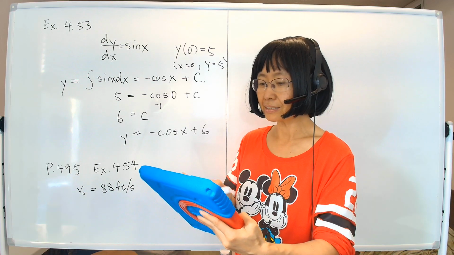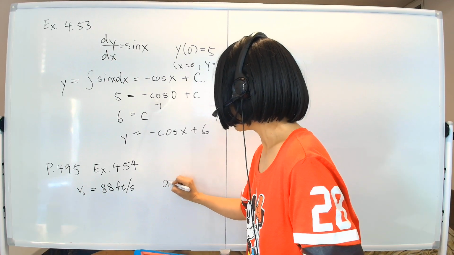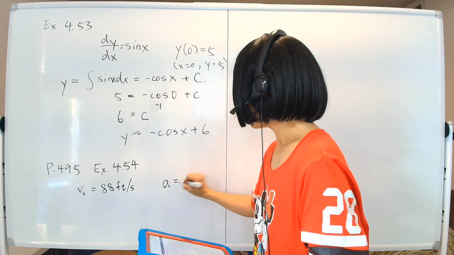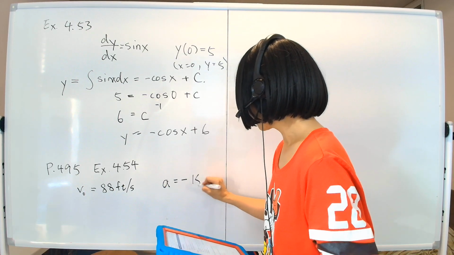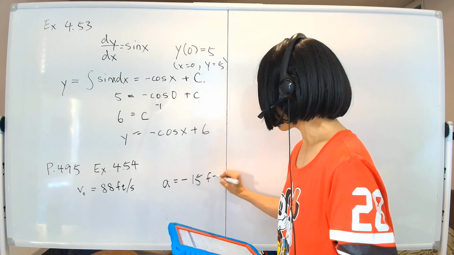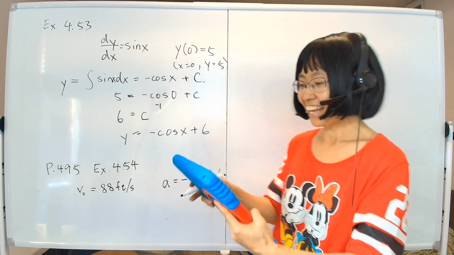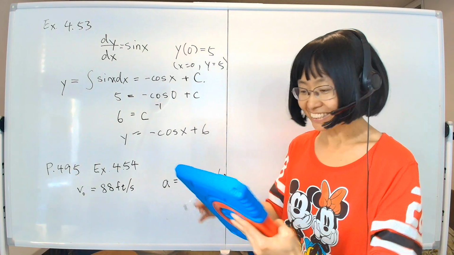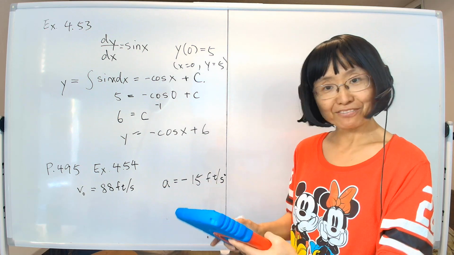So the car decelerates at, so a, which is the acceleration, equals negative 15 feet per second squared. And that's how the physics people want you to say it, based on what I remember when I studied physics.